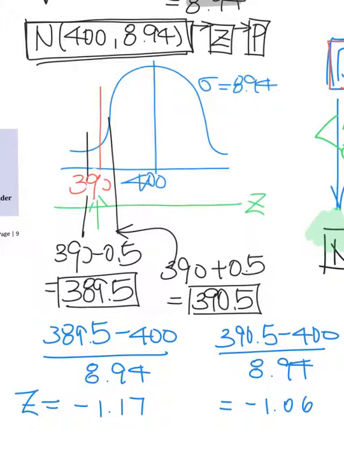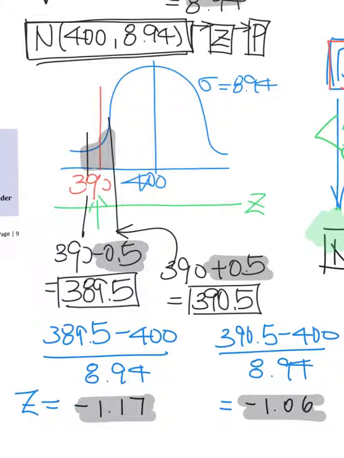So now we have two z-scores, negative 1.17 and negative 1.06. We need the probability between these two scores. Approximately, it will be the probability at 390, but we adjusted a little bit, plus and minus 0.5.